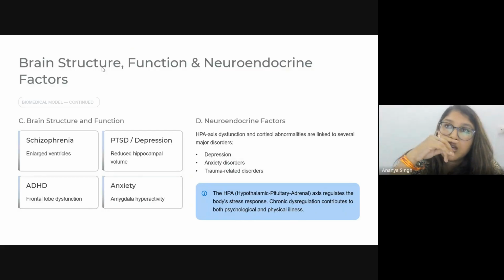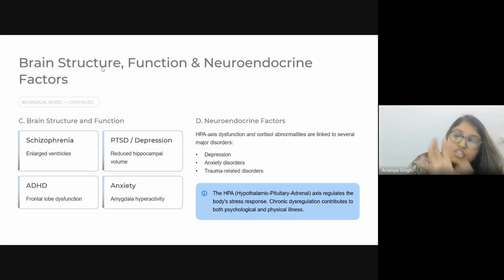Now, I want us to develop a basic understanding first that these models don't function in a way where one is the best, so it is adopted and the rest are discarded. It works in a manner where we need to understand a little bit of everything in order to get a comprehensive view of a disorder.